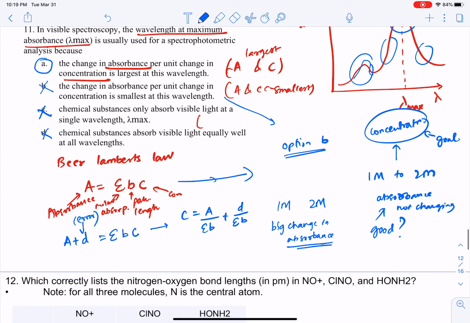What it's trying to say is that if we change the absorbance, it will show its impact on concentration very heavily, and that's what we want. So yep, A is the answer.